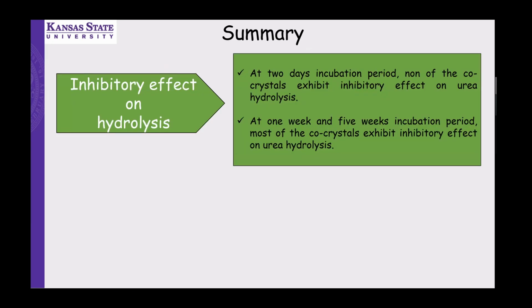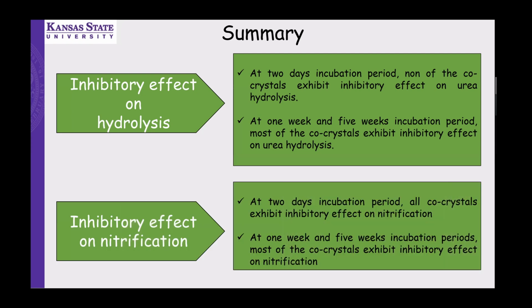So a couple of take-home messages here. The hydrolysis shows initially a very slow inhibitory effect by the co-crystals. If we leave that in for a longer period of time, however, the co-crystals do exhibit some slowdown effect of that urea hydrolysis. But the more important part, and that's the inhibition of the nitrification process, the second step in this cycle.